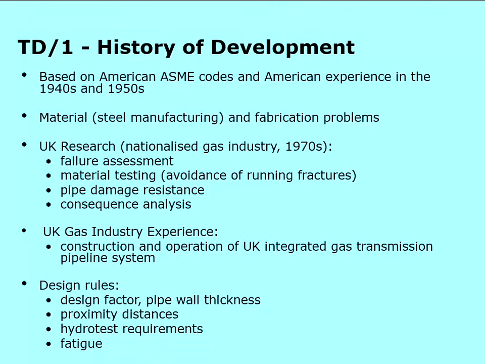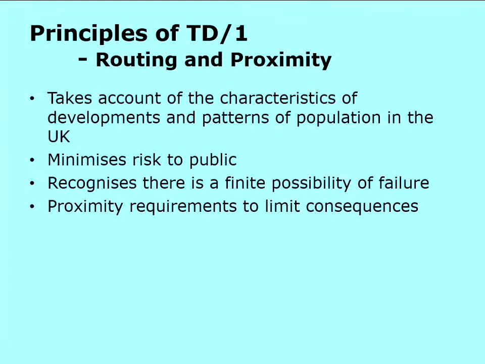So they defined proximity distance as a multiple. They defined proximity distance based on the diameter and pressure of the pipeline, and then they defined the corridor over which that applied according to the pressure and diameter of the pipeline. So now you can see, instead of having a fixed corridor across the pipeline, you're going to have variable corridors depending on the diameter and pressure.